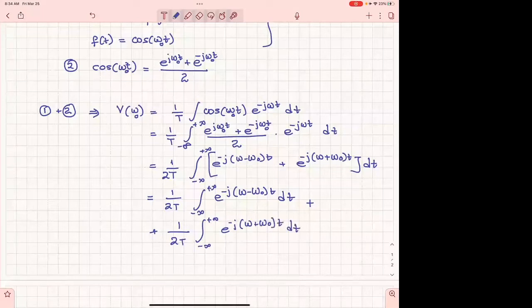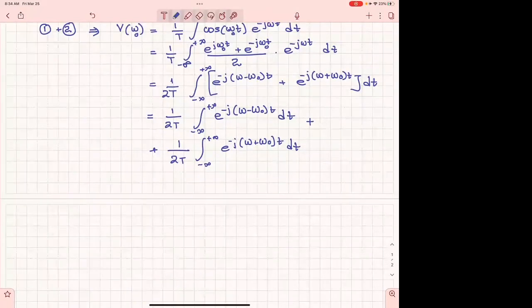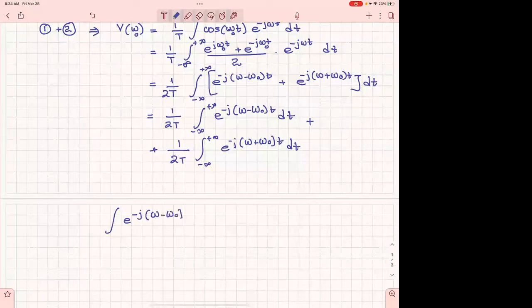Okay, so now in mathematics, we know that this integral, e to the minus j omega minus omega naught t dt from minus infinity to plus infinity, is what we call the delta function. Have you heard about this? Perfect.